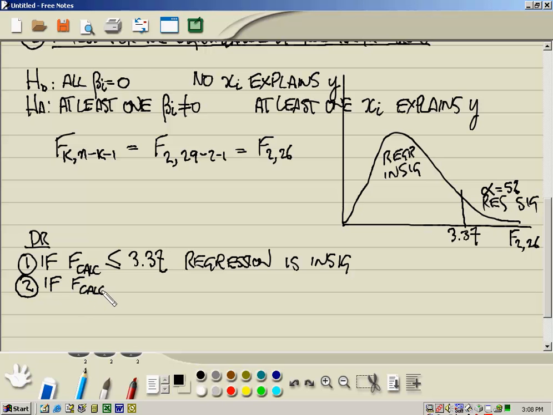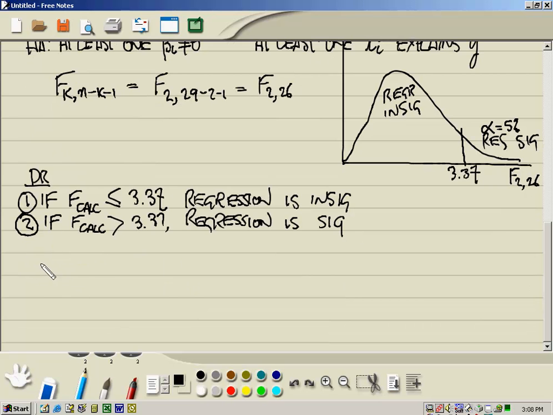Alternatively, if F-calc is greater than the critical value 3.37, then the regression is significant. The more significant, the better the predictions will be.